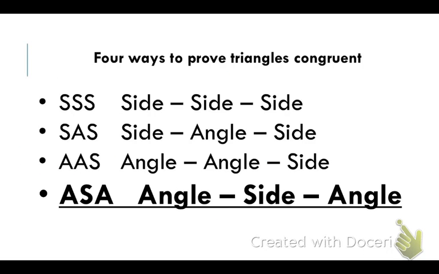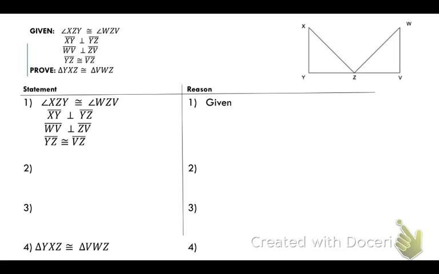Now, the very last theorem that we are going to use to prove triangles are congruent is angle, side, angle. Now, in this diagram, I have been given that angle XYZ is congruent to angle WZV. So I'm going to mark that with red.